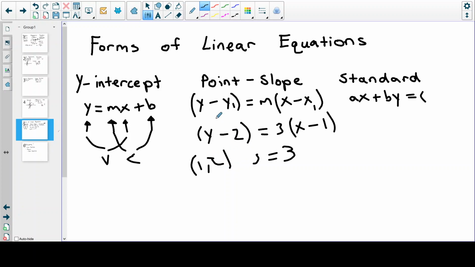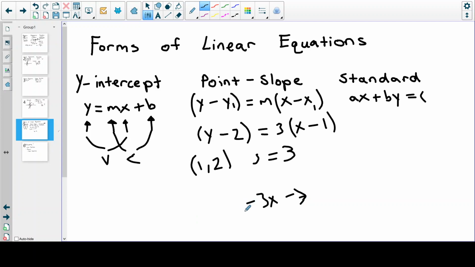And point slope is really helpful for converting, because all you have to do is multiply the 3 by x, so you get 3x. And then you multiply the 3 and the negative 1 to get negative 3.